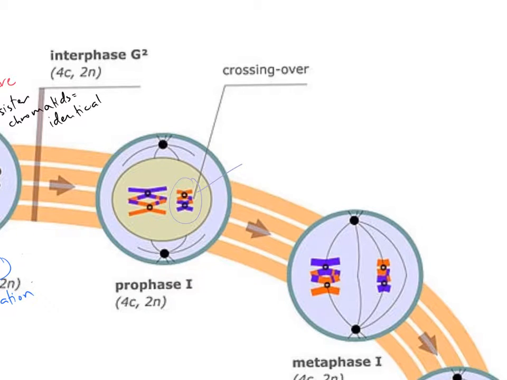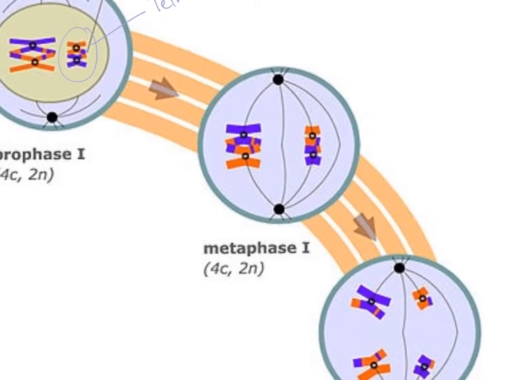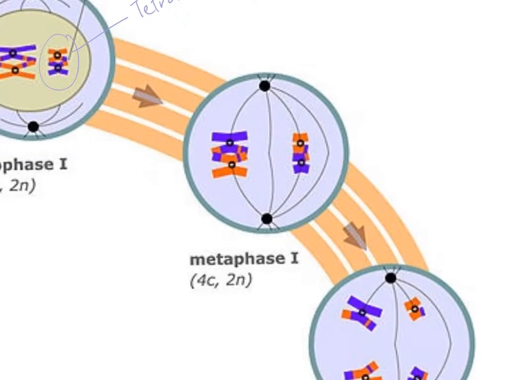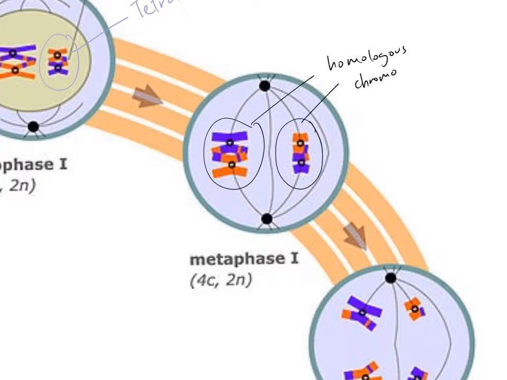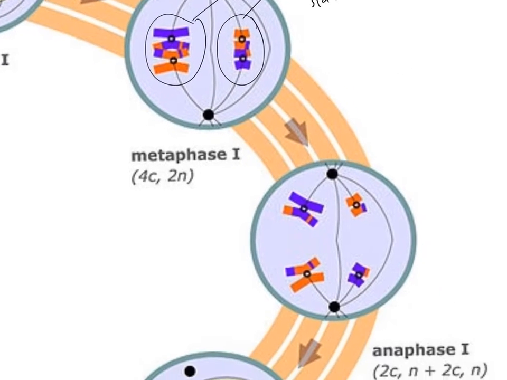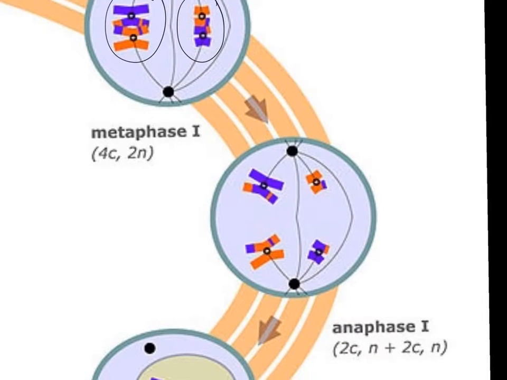In metaphase, each of these is a homologous chromosome pair, and they line up perpendicular to the spindle fibers, stacked on top of each other, so that when you get to anaphase, the homologous chromosomes separate.